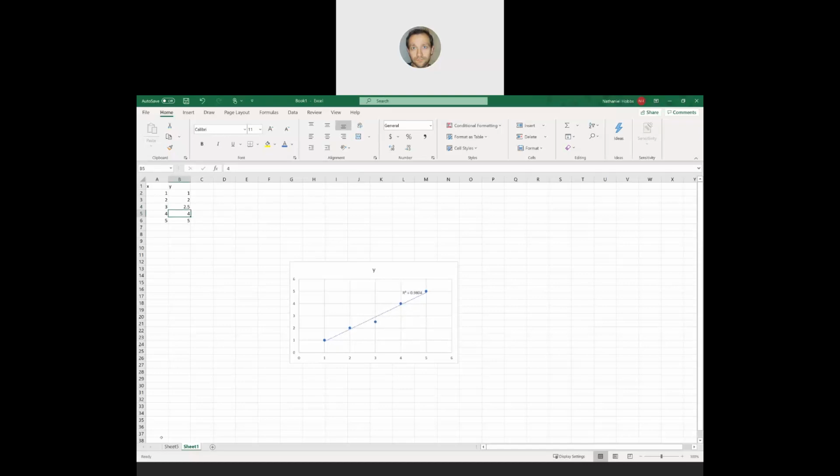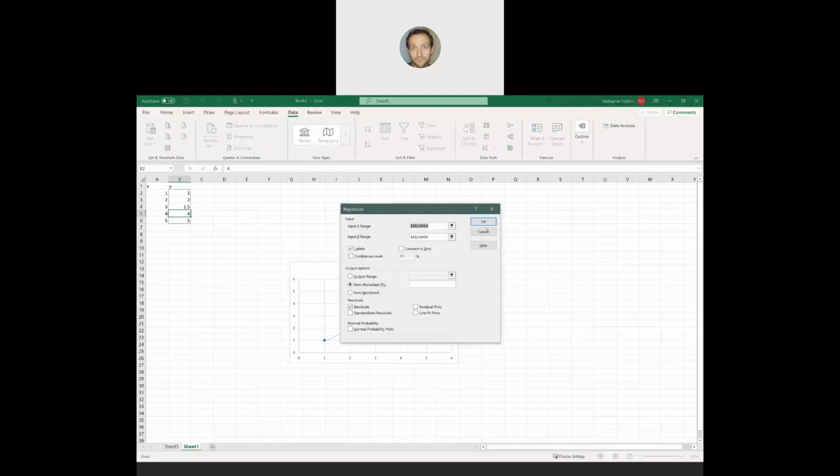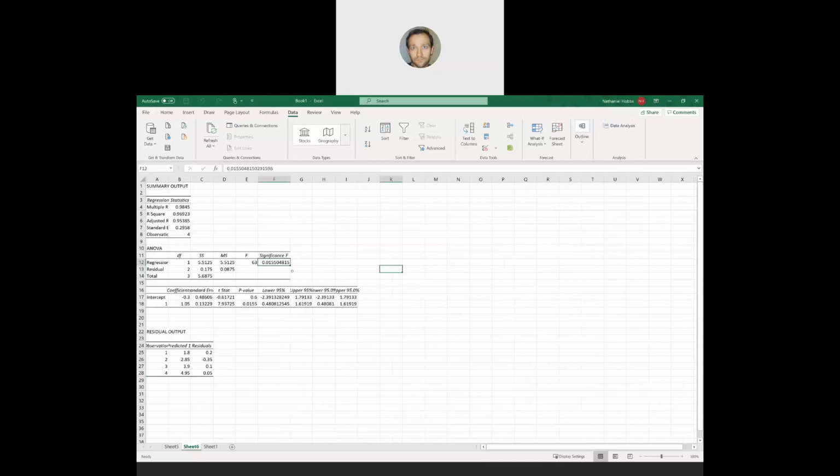So this updates automatically. I thought that this sheet did too. It doesn't. So you have to run the analysis again. There. Now we can see that it's 0.01.